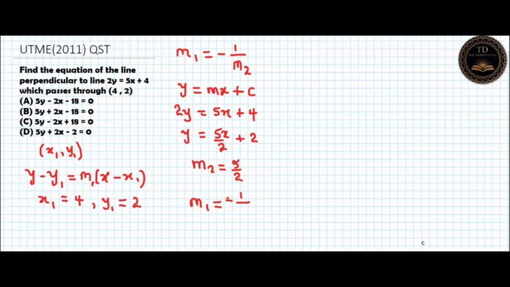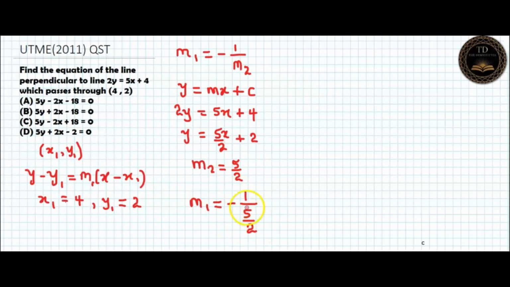Over, sorry, let me just wipe this off. I'm still trying to get used to writing with this. Okay, all right, so minus 1 over m2 now, which we've gotten as 5 over 2.